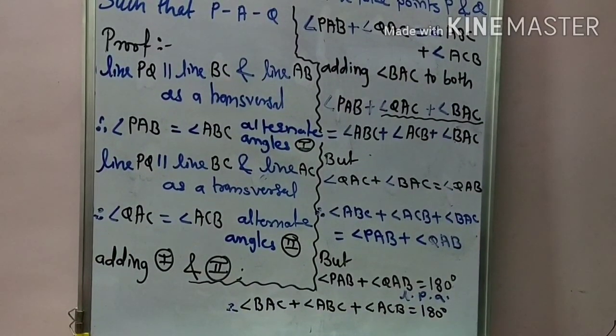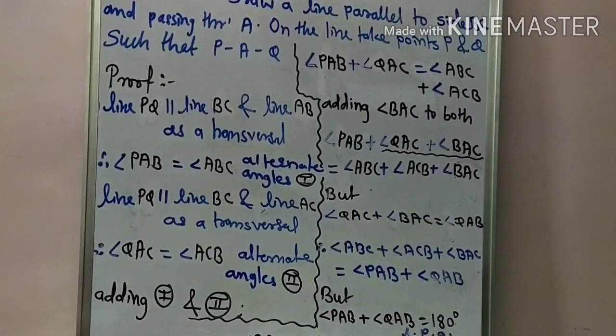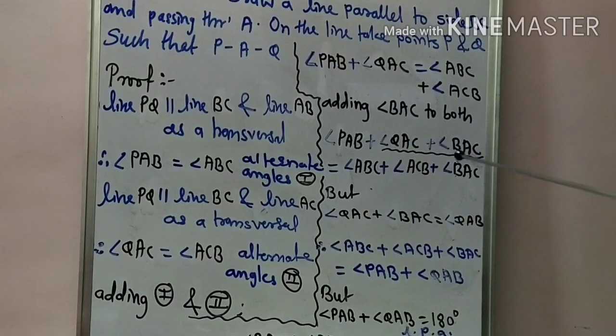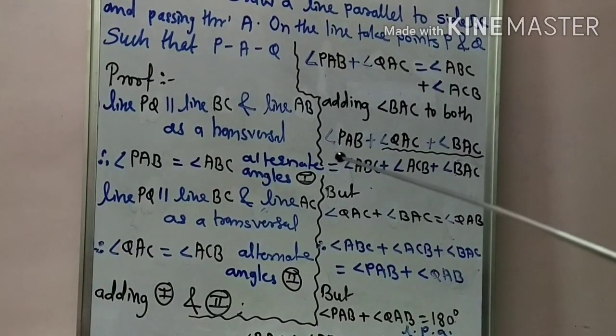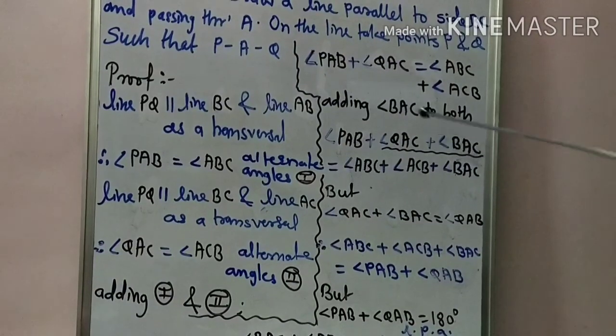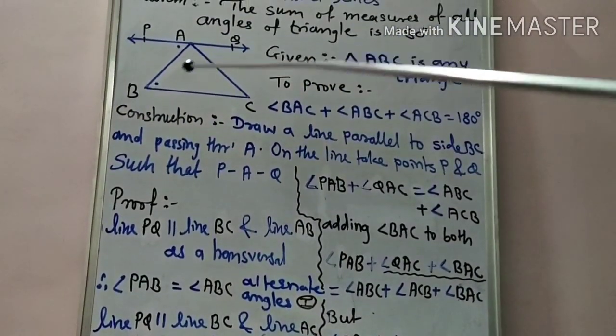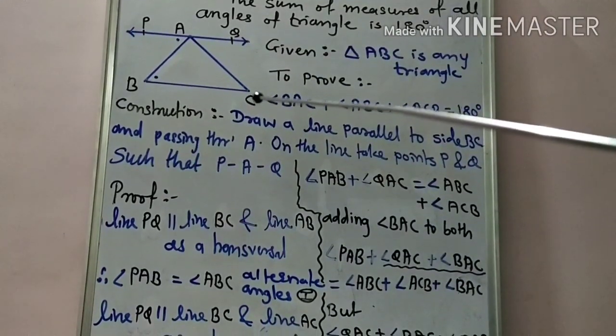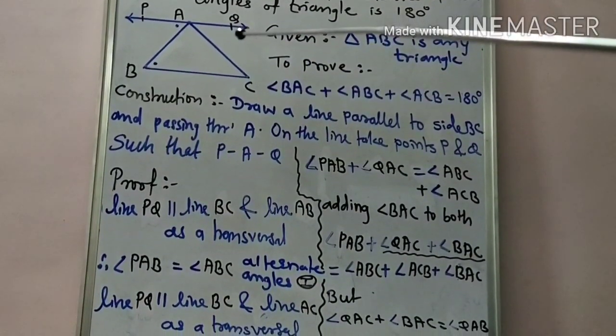Okay students, in the textbook the only change is that instead of this pair, in the textbook we take the pair as angle PAB plus BAC, which is PAC, and the remaining is QAC.